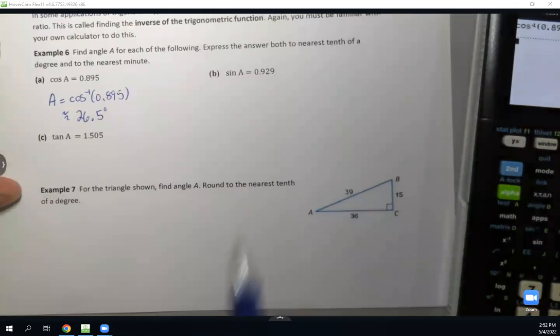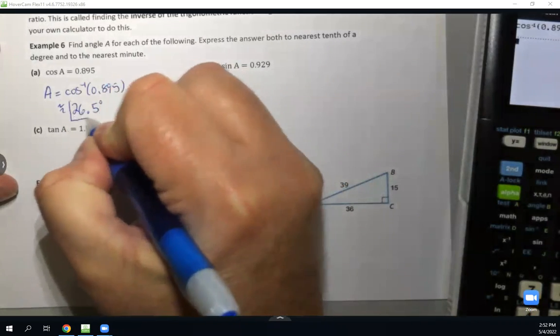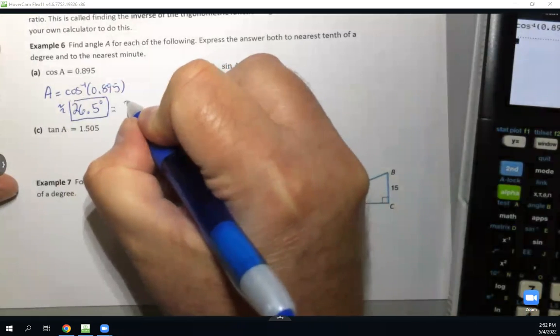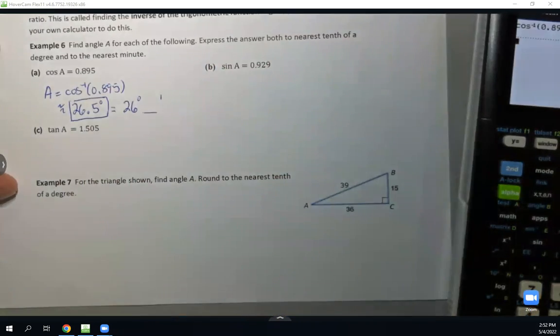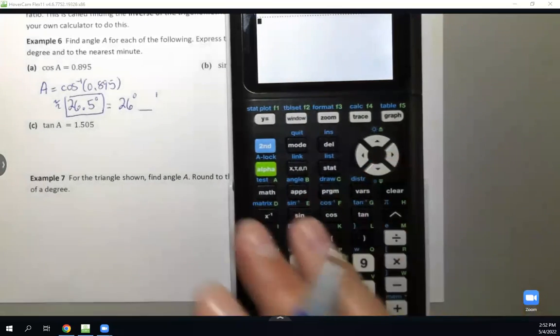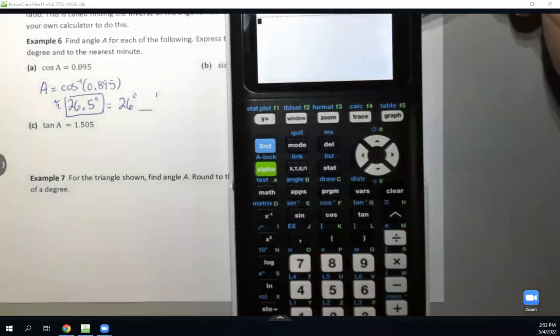Now it said I'm also supposed to do it to the nearest minute. So here's to the nearest tenth of a degree. If I do it to the nearest minute, it's going to be 26 degrees and some odd minutes. You with me? So to change it to minutes, it's the 0.4915702 that I need to change to minutes. Does that make sense?